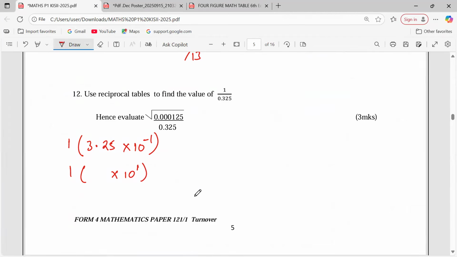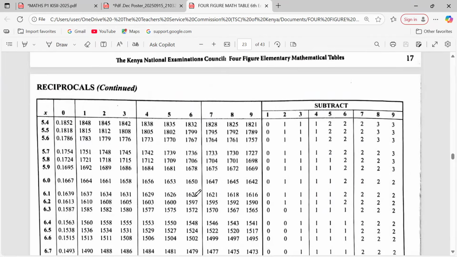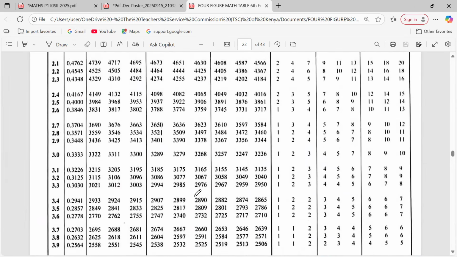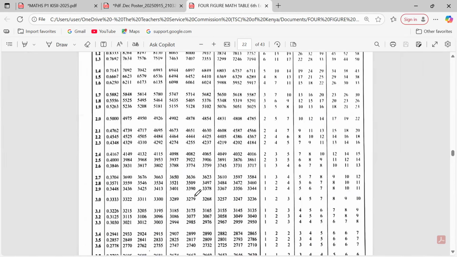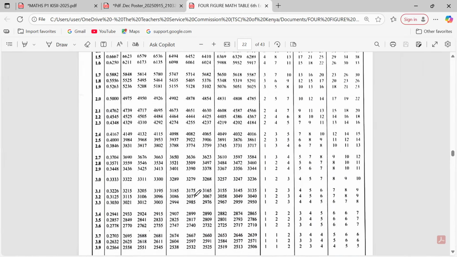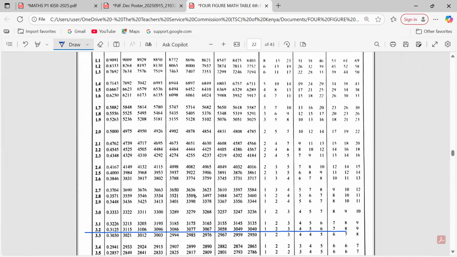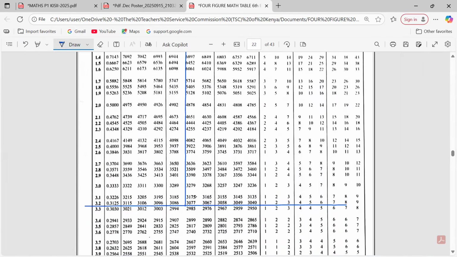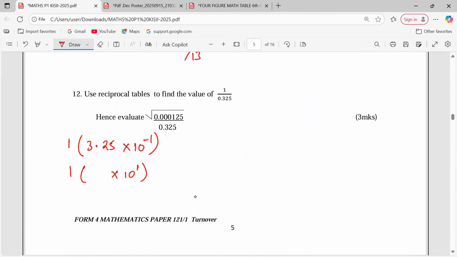So 3.2, then 5. 3.2 is the row. Then we identify the column with 5. So there we find it is 0.3077.